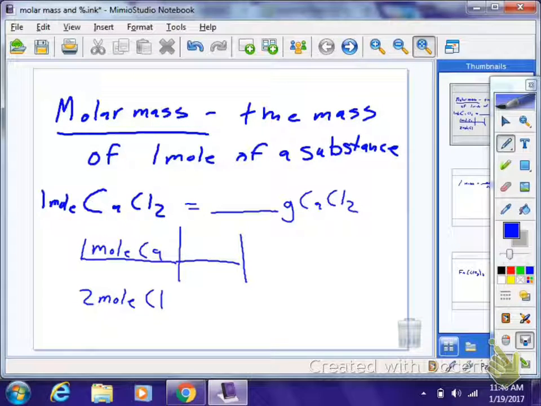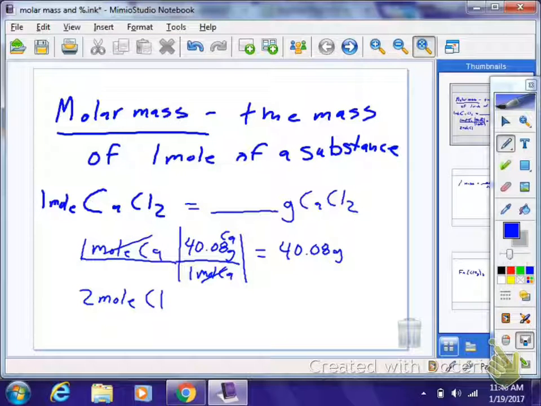I'm going to let you round it. So we're going to say 1 mole of calcium is equal to 40.08 grams of calcium. And then we multiply it, which is basically the same weight, 40.08 grams. Moles cancel out. Any questions?